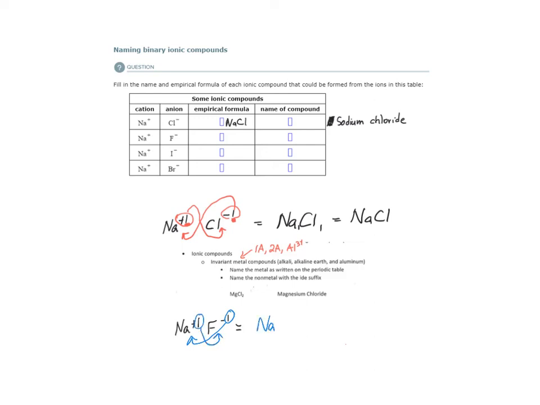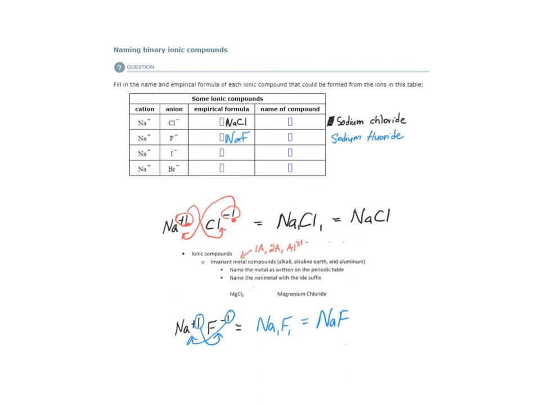I end up with Na1F1, which is simply NaF. So the empirical formula is NaF, and the name of the compound, following our rules here, name the metal as written. That would be sodium. Name the nonmetal with the IDE suffix, fluoride.